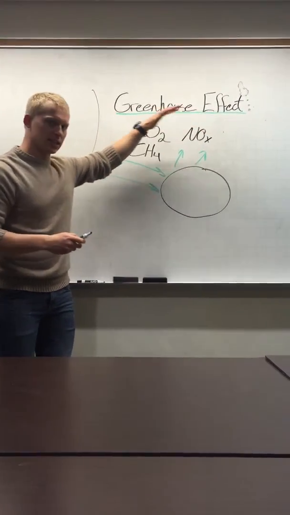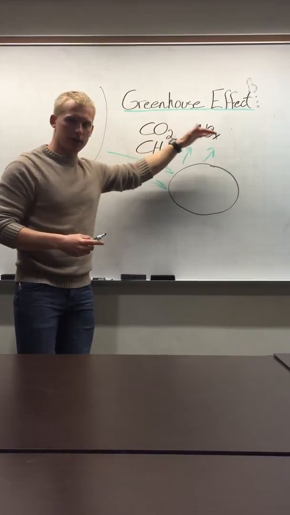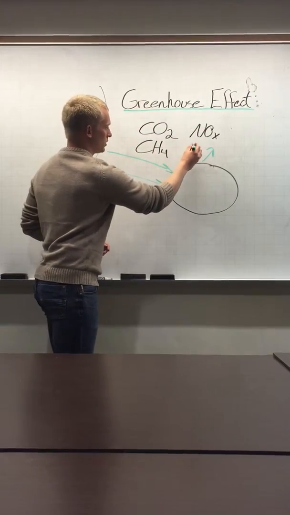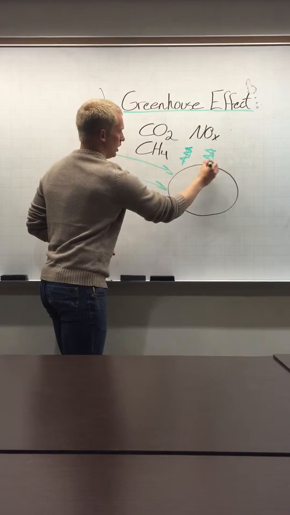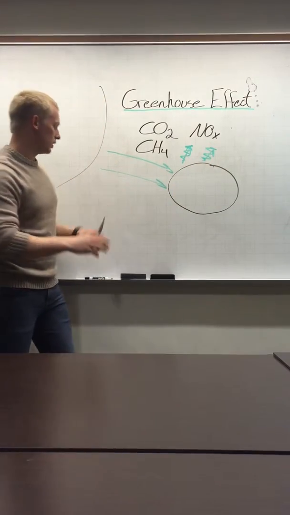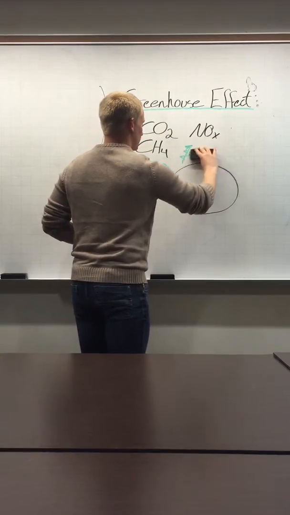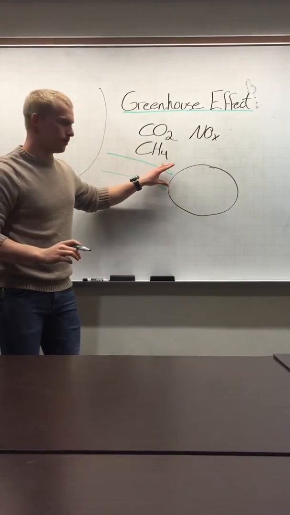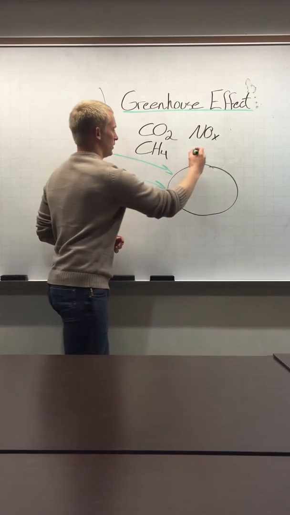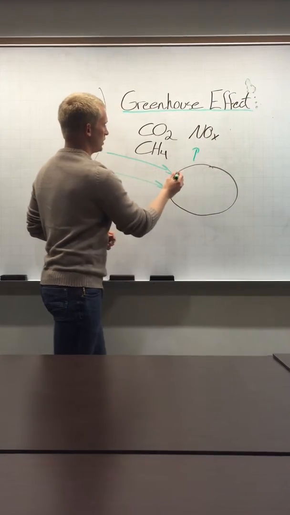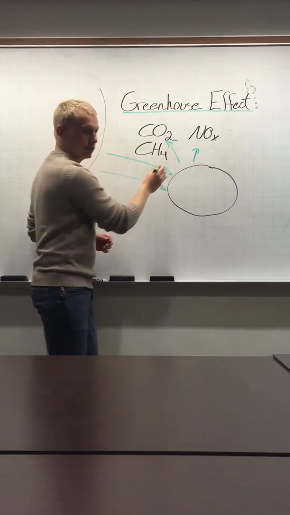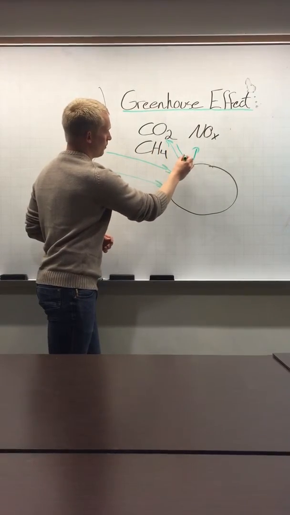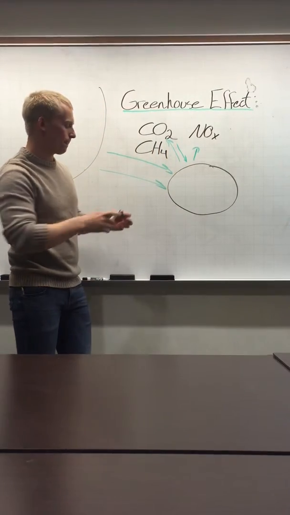These essentially act almost like a glass barrier that keeps a lot of this radiation in. It doesn't let it leave. So we can imagine we have all this radiation coming in, only some of it is leaving now, right? And some of it is hitting our CO2 and ends up coming back into the environment.